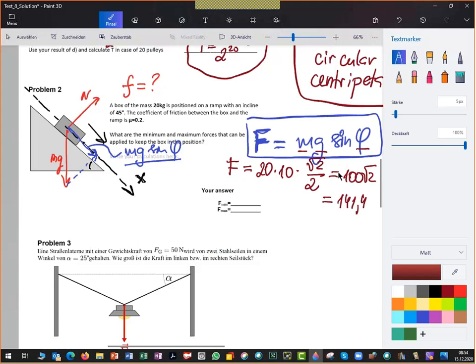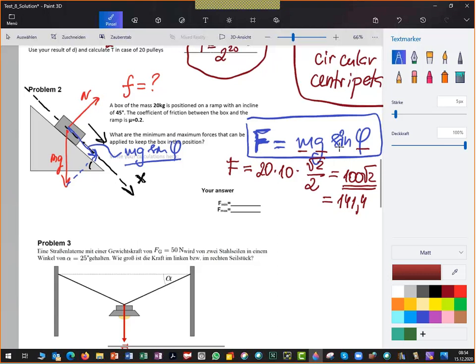But if you leave it like this it is fine. It doesn't matter. So we haven't solved this problem completely, but we partially solved it without friction force.